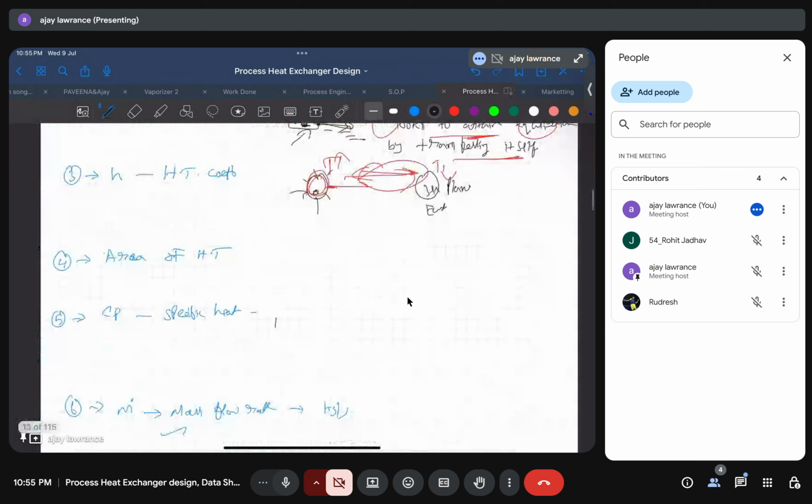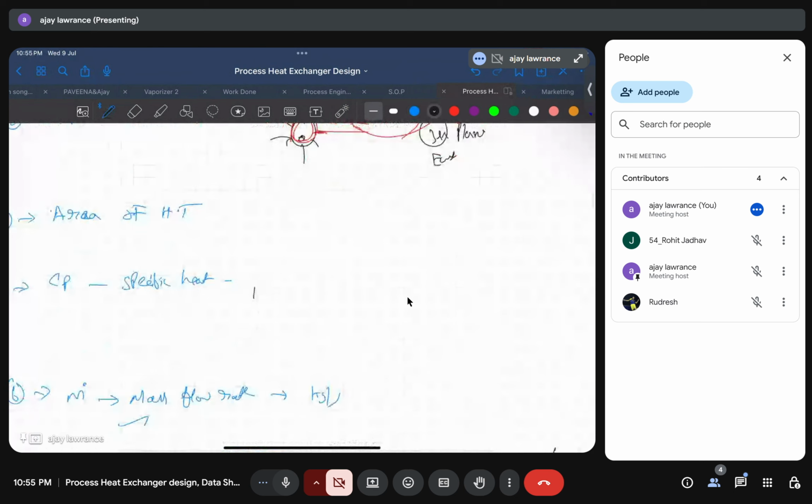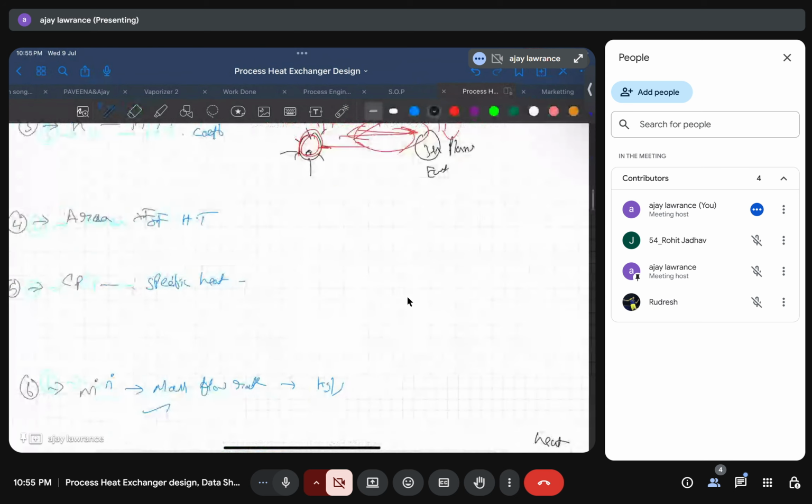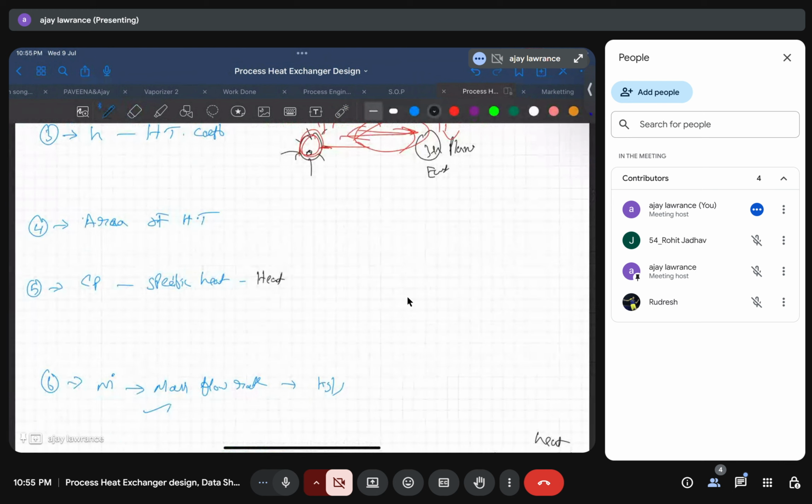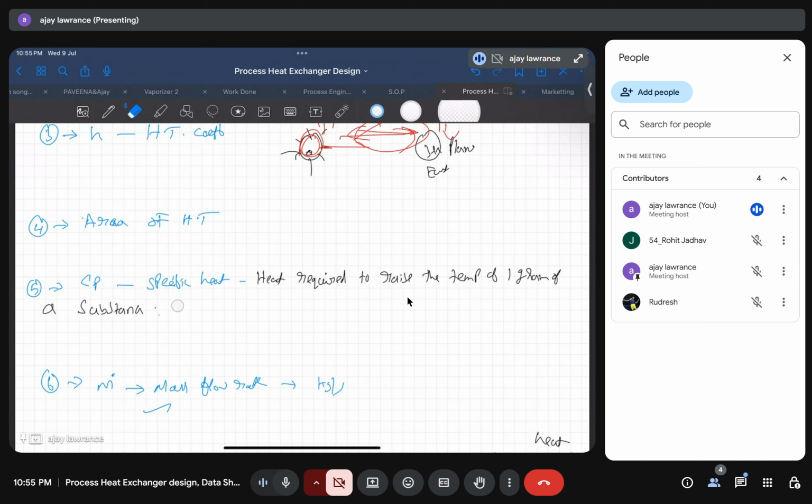Heat required to raise the temperature of 1 gram of a substance by 1 degree Celsius.